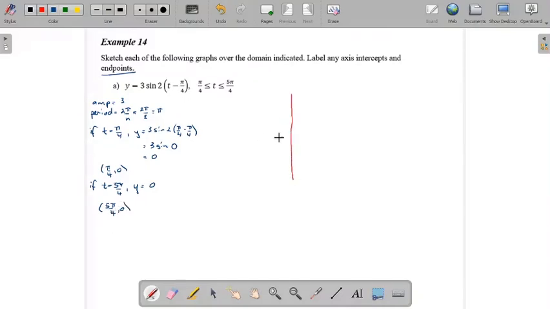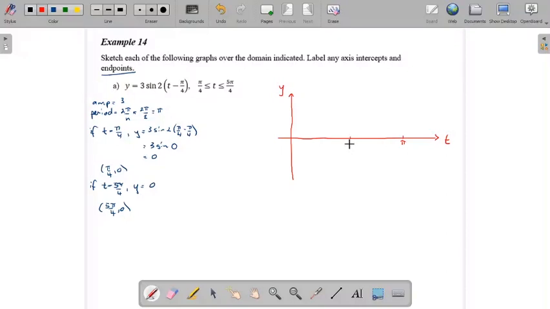Okay, so we're going to sketch our graph of y against t. Now we've got pi radians. It's going to be worthwhile, I think, if we just mark in pi, because our period is pi, and it will divide up nicely anyway.